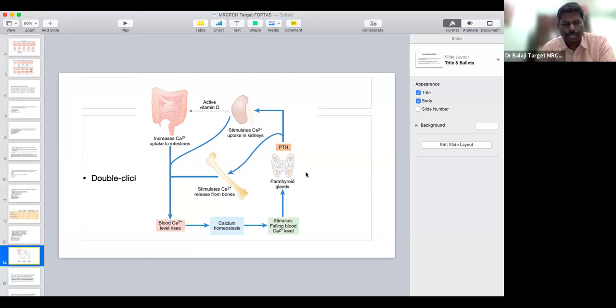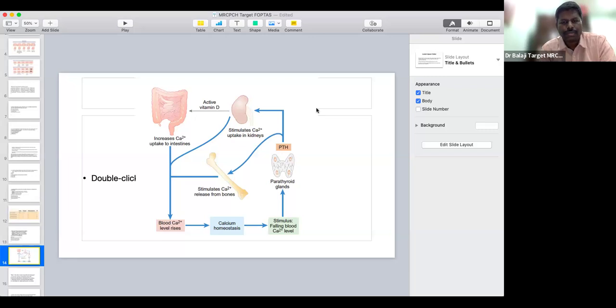So these are two jobs. And also, it converts the 25 hydroxy vitamin D to active vitamin D, 1,25 hydroxy vitamin D. So active vitamin D is formed by the parathormone. So parathormone is needed for conversion of 25 hydroxy calciferol to 1,25 hydroxy calciferol, which is the calcitriol.